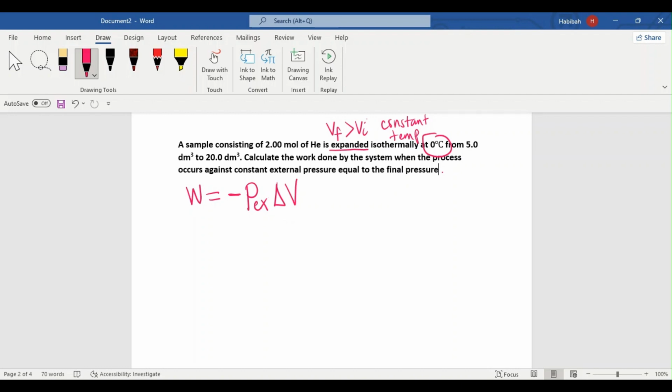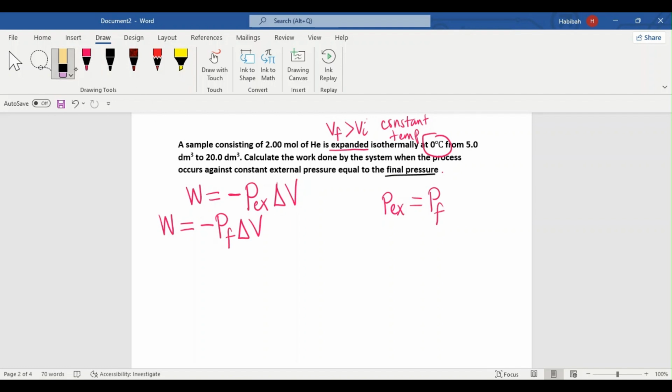But this question has a twist: the external pressure is not given, but we are told it's equal to the final pressure. So we can rewrite the work done equation as W equals negative P final times change in V.